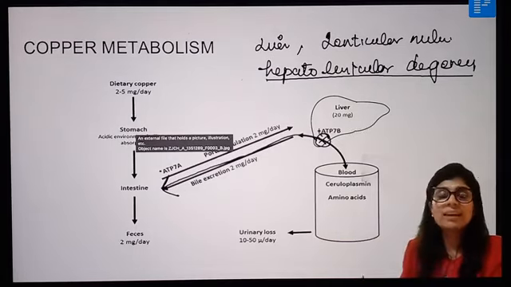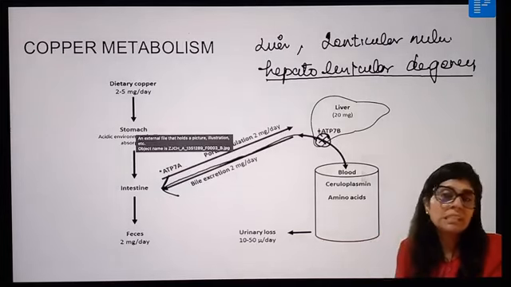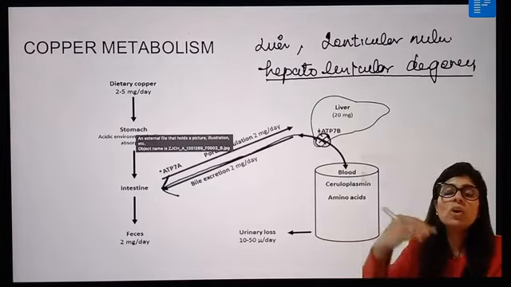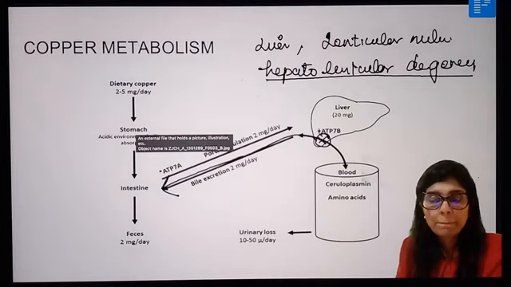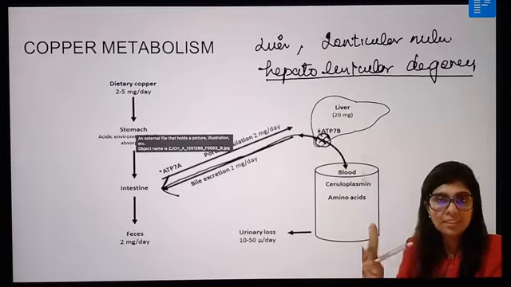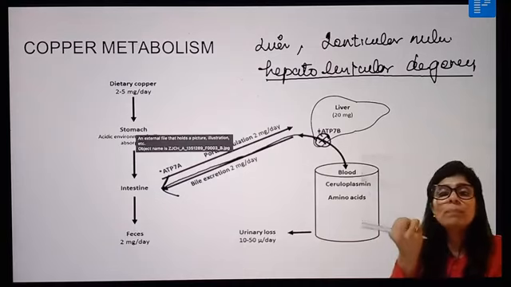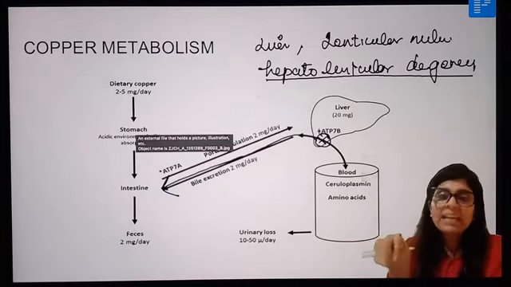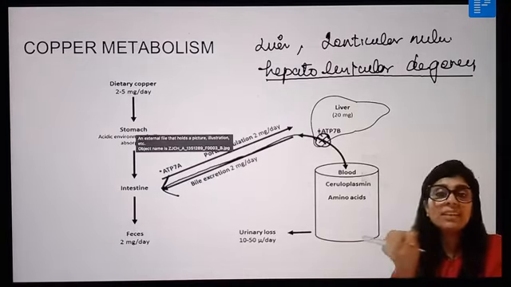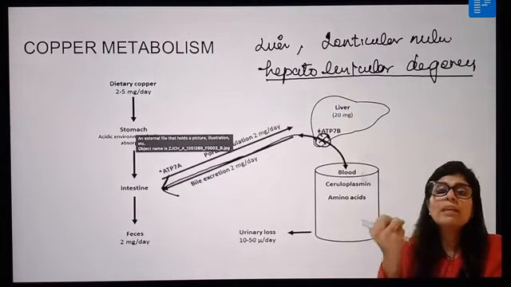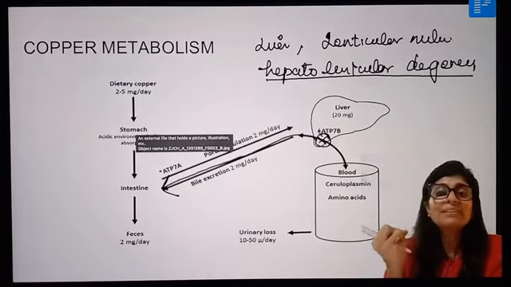And on the other hand, because ATP7B is defective, copper cannot be incorporated into ceruloplasmin. This causes two effects. Only after ceruloplasmin accepts copper, ceruloplasmin is stabilized. In this case, ceruloplasmin is not getting stabilized. So there will be low ceruloplasmin levels.